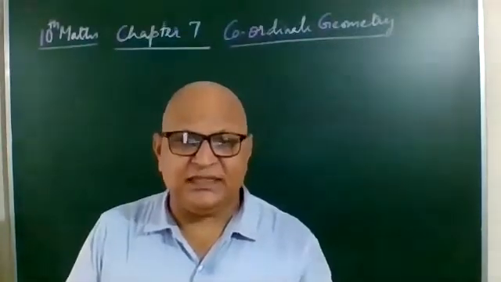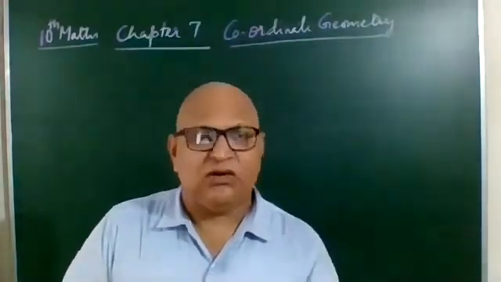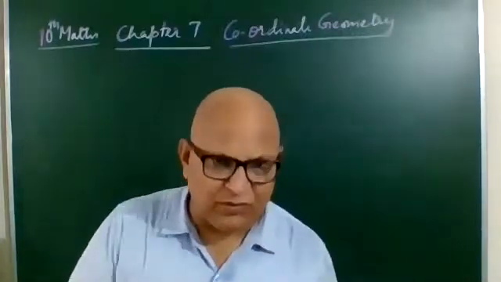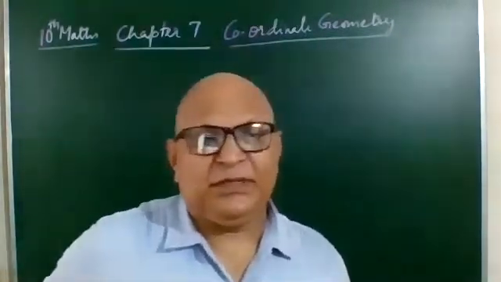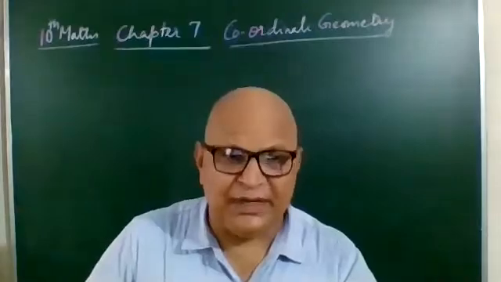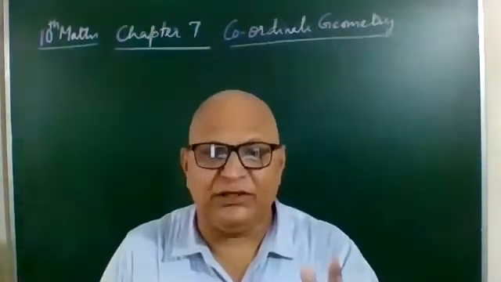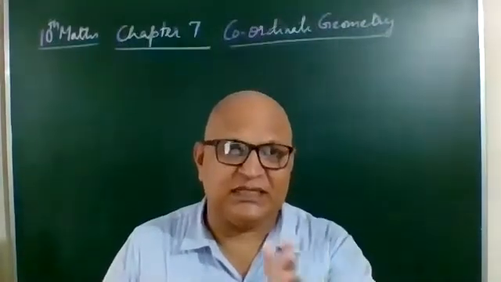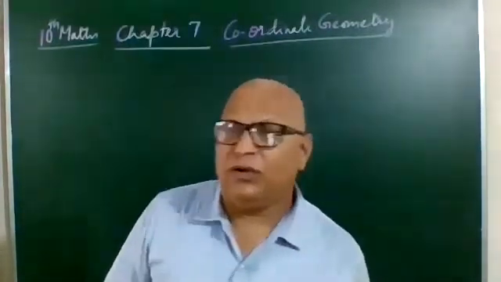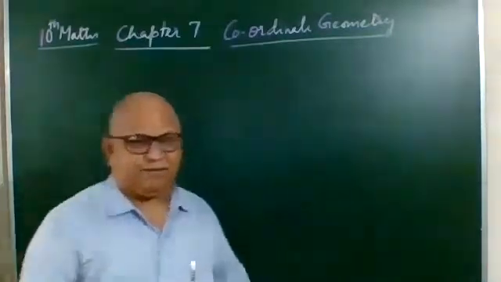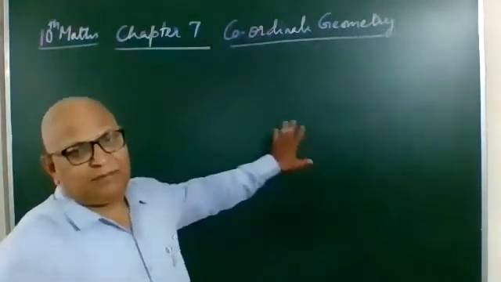We say x-axis, y-axis and z-axis. All 3 axes are mutually perpendicular. But here we will be studying about 2D geometry, and in 2 dimensions we have only 2 reference axes, x-axis and y-axis. So in coordinate geometry, this is a plane.